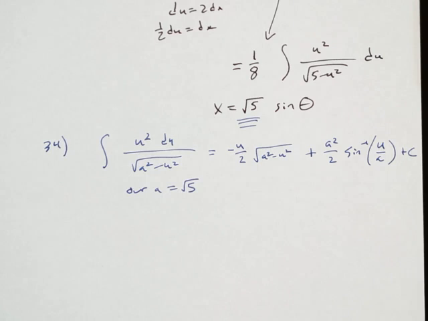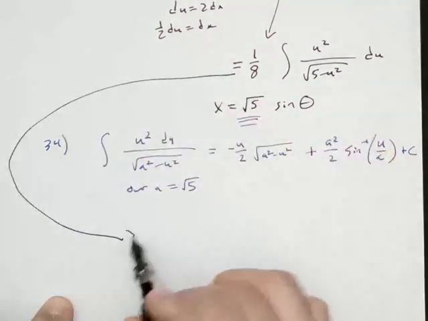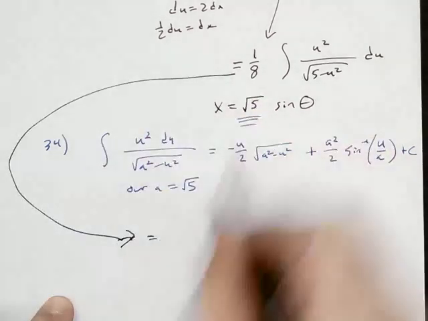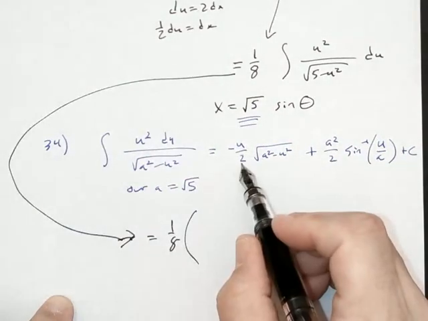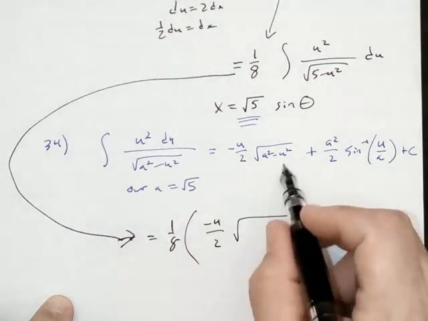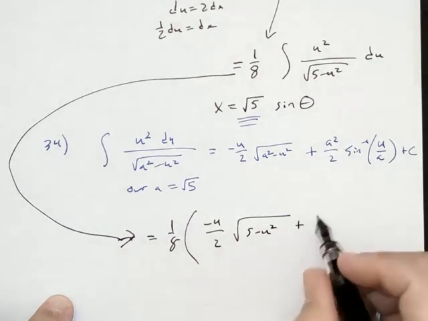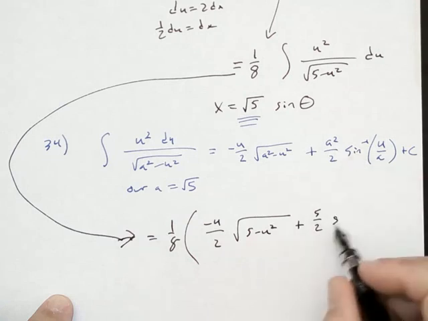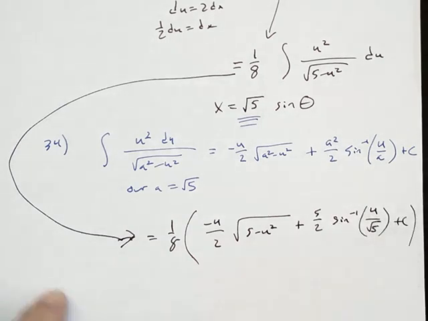Okay? All right. But that means I can literally go directly from here to 1/8, big parentheses, negative u over 2, square root a squared minus u squared, 5 minus u squared, plus a squared is 5 over 2, sine inverse, u over a is the square root of 5, plus c.